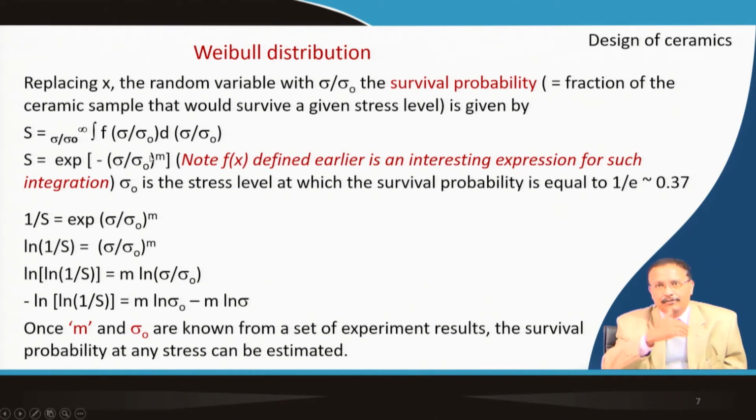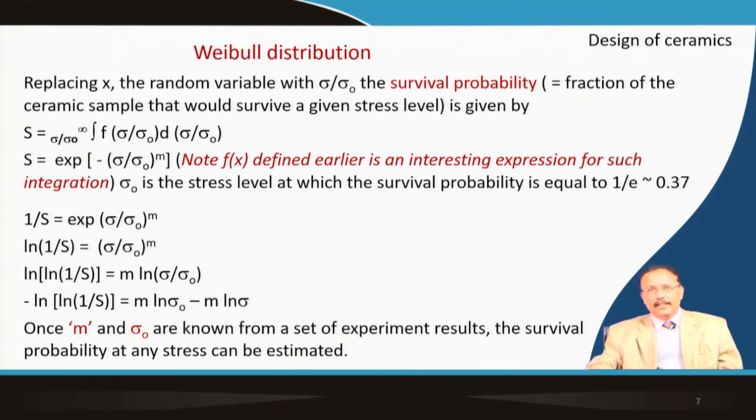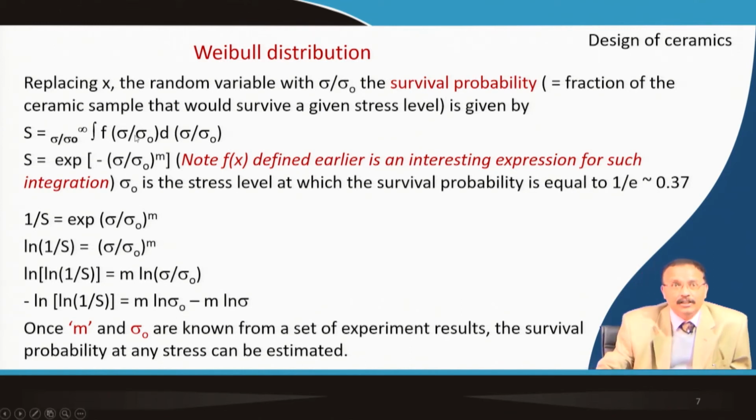So, if you consider the earlier relation, it is quite an interesting relation, and if you just integrate that, it is nothing but exponential of minus (sigma by sigma 0) to the power m. So, you can just work it out, you will get the survival probability by this, right.